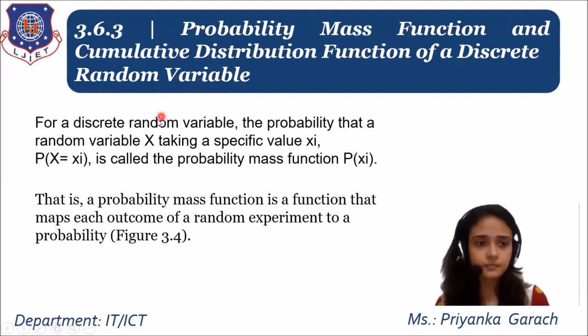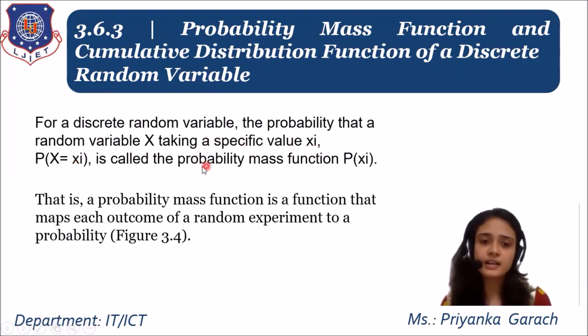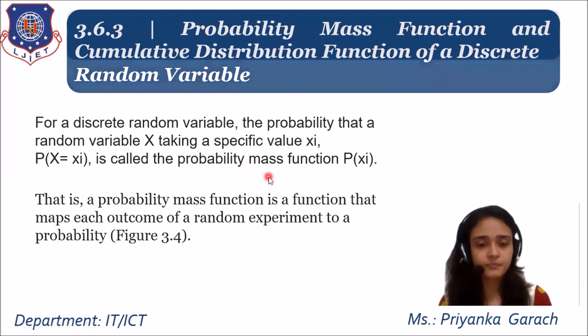For a discrete random variable, the probability of a random variable x taking a specific value xi is called your probability mass function. So over here, the probability of x taking a particular value, suppose that value is xi, is called your probability mass function.